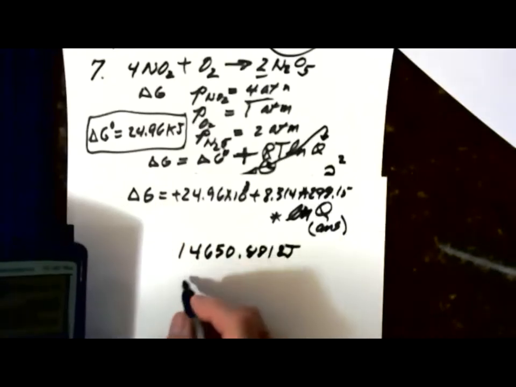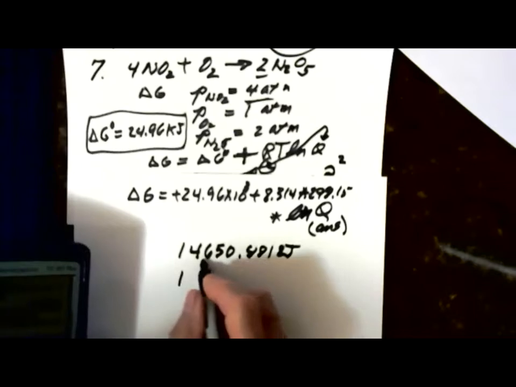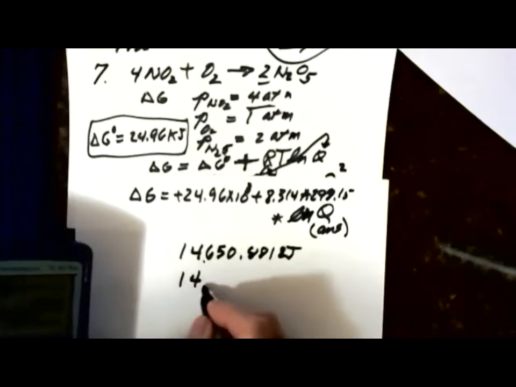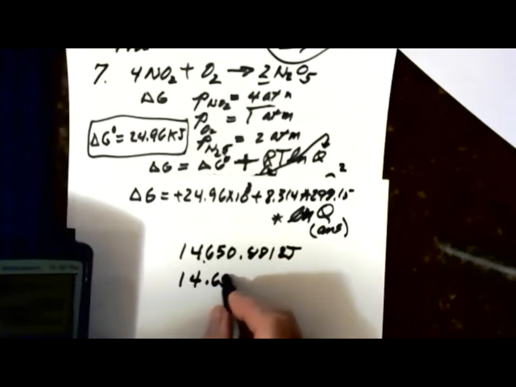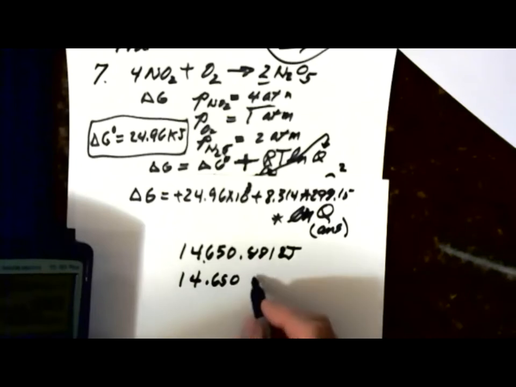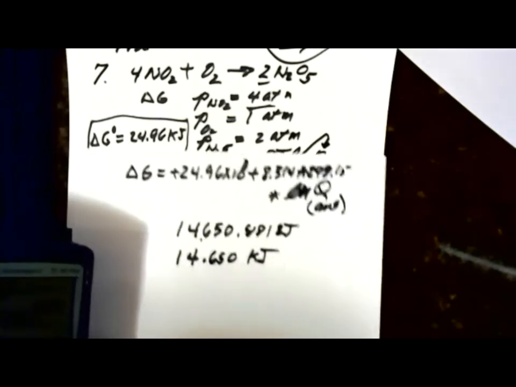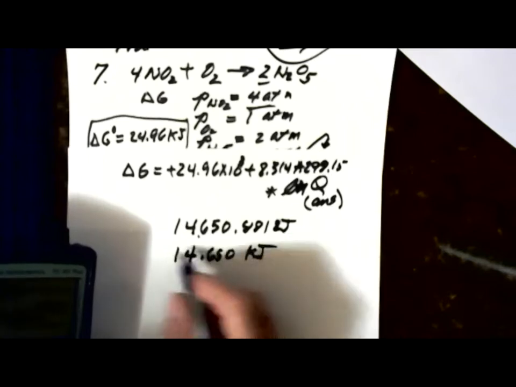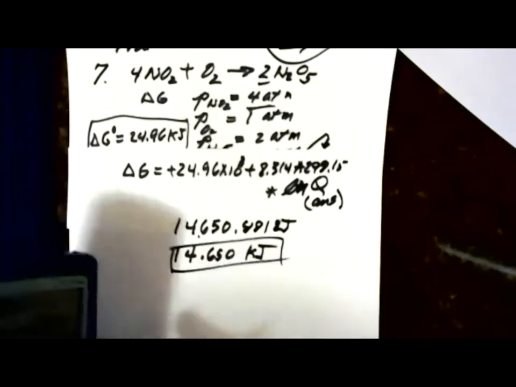I want to divide by 1,000 to get it into kilojoules. So I get right there 14.650 kilojoules. And I think that ought to be the answer.